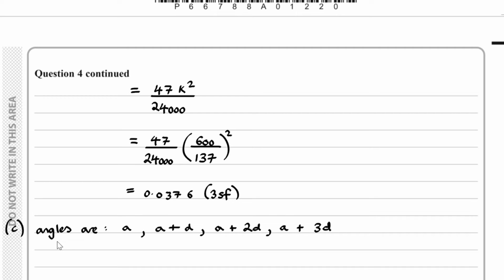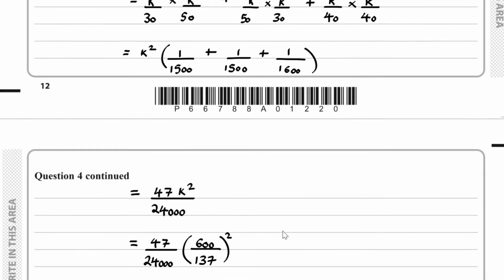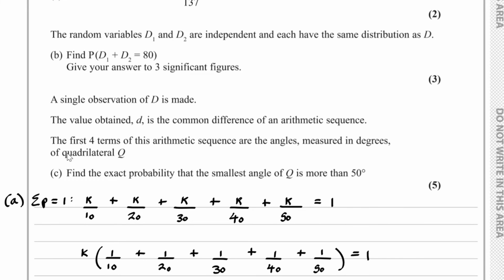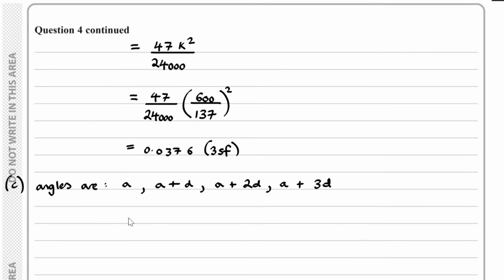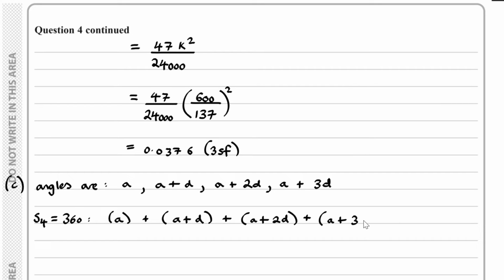And we were told that the sum of the first 4 angles, that will be the sum of the angles of a quadrilateral, so we have these 4 angles added together equaling 360. So in other words, we have S4, which is equal to 360, so we have A plus A plus D plus A plus 2D plus A plus 3D, and if we add all these together, we get 360.